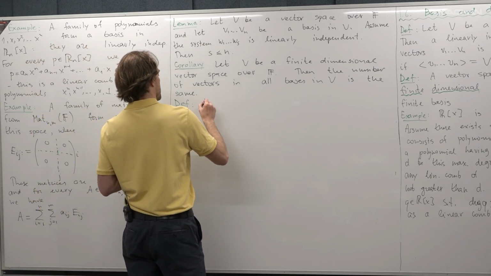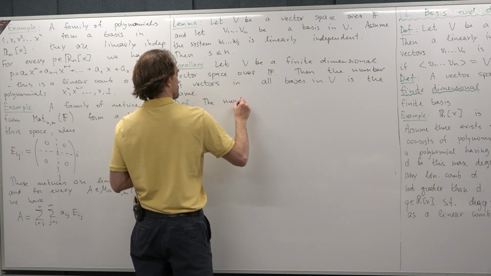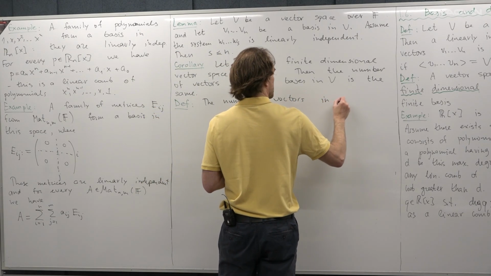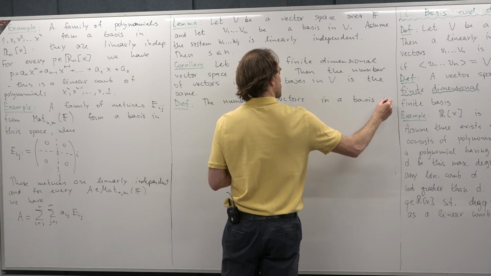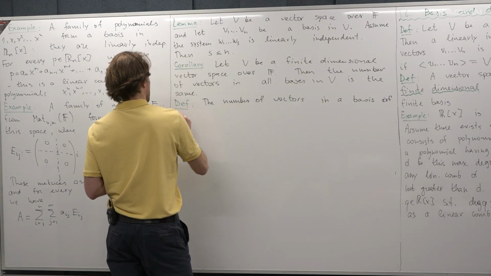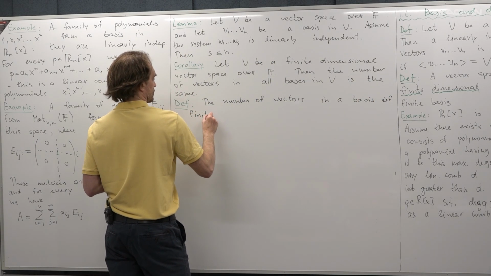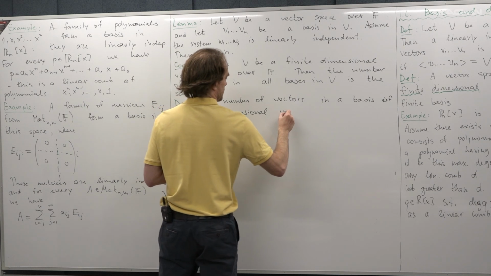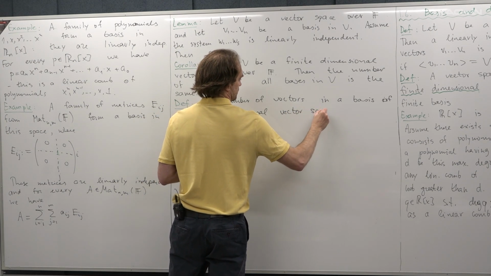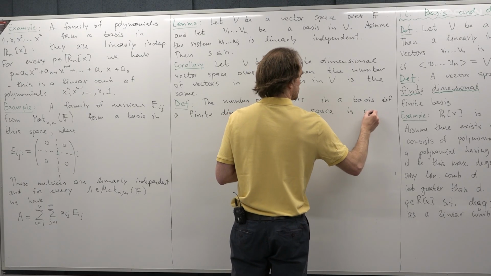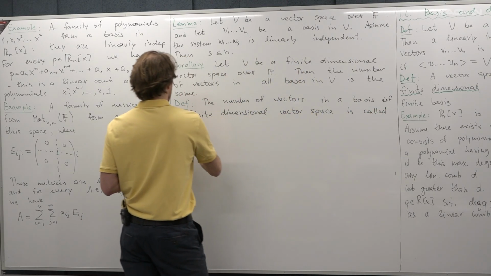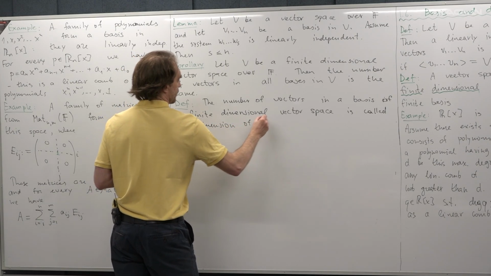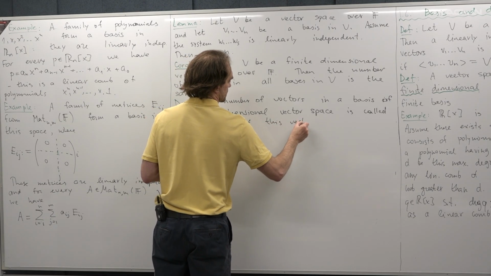So the number of vectors in a basis of a finite dimensional vector space is called the dimension of this vector space.